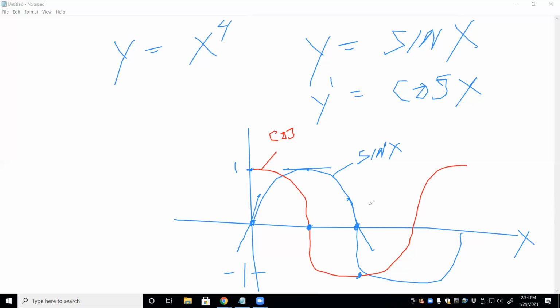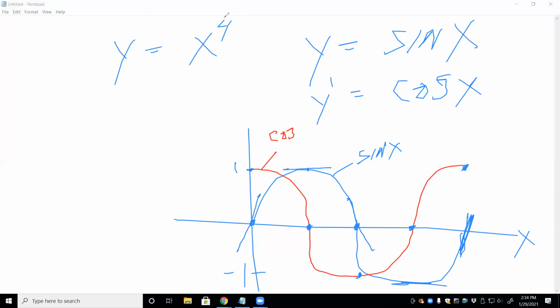I get back to here, slope of the tangent line is 0, cosine again is 0. I get to here, the slope of the tangent line to the sine curve is 1, the value of the cosine curve is 1.